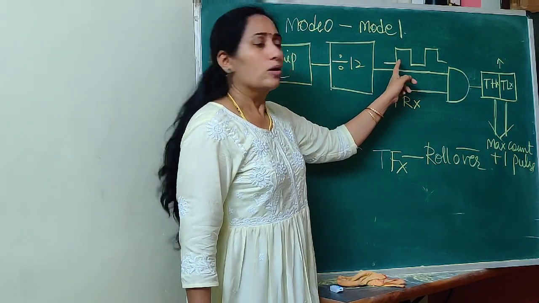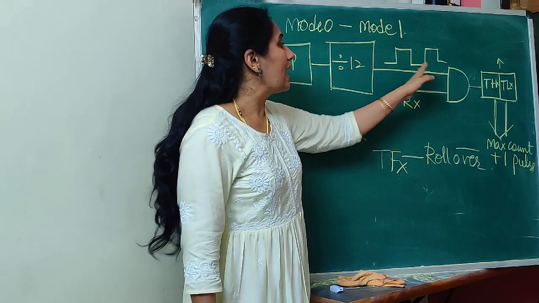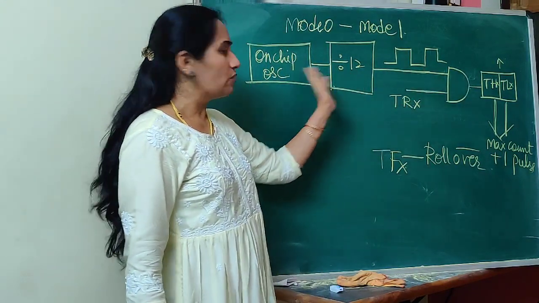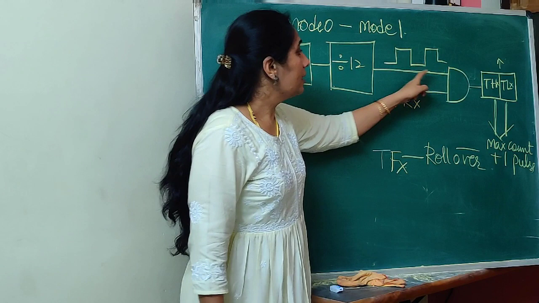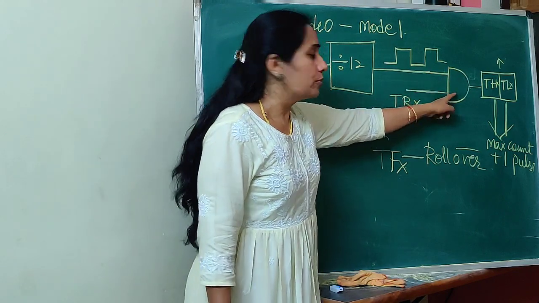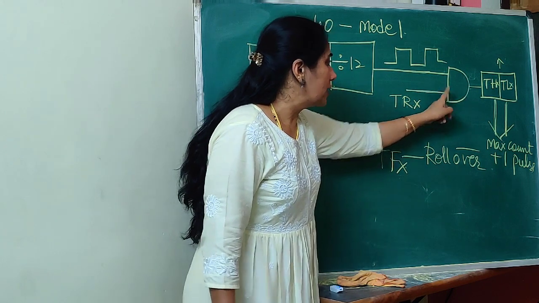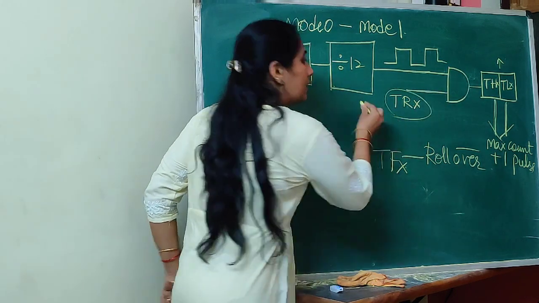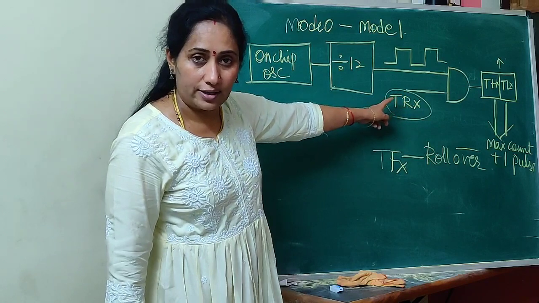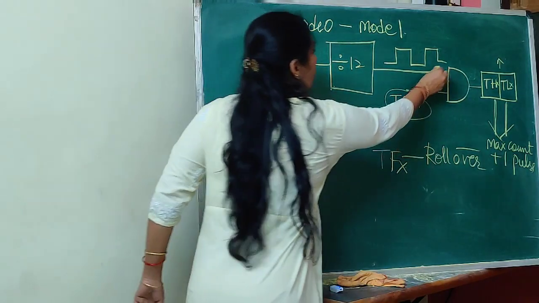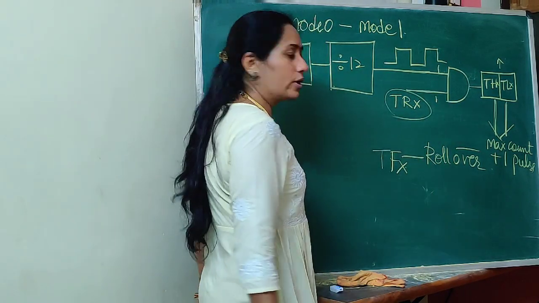And the clock frequency, the clock pulses will be available over here with the frequency, whatever is there. And it will be fed as one of the input to the AND gate. The another input to this particular AND gate is your timer run bit, which is present in the TCON register. Okay. So when here 1 and 1 comes, what's going to happen?